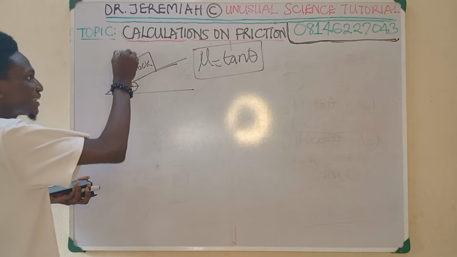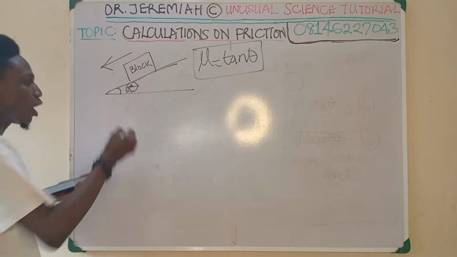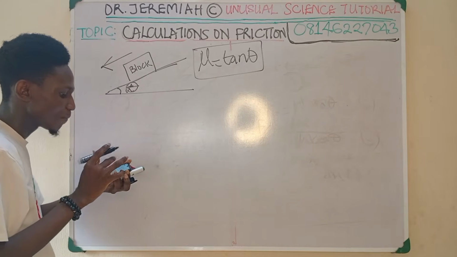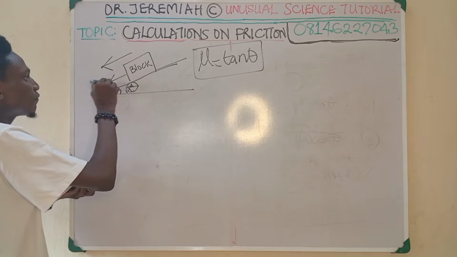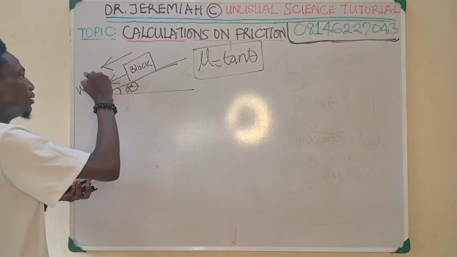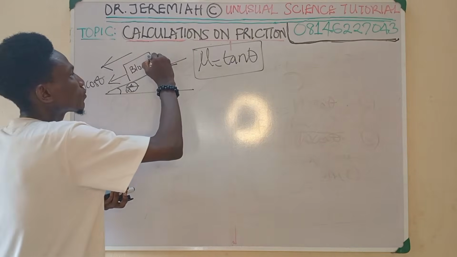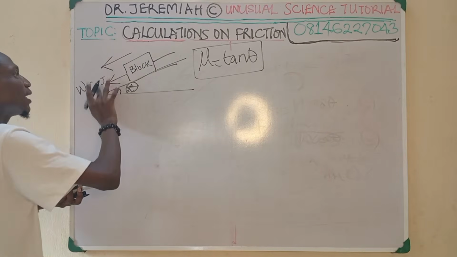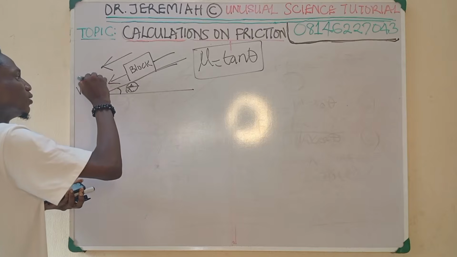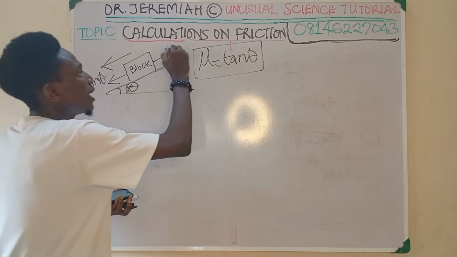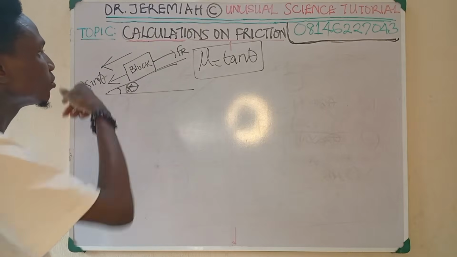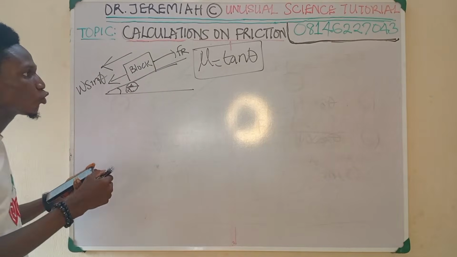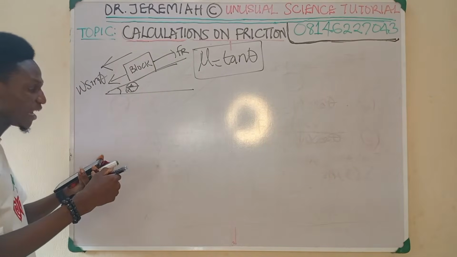When the body is sliding down the plane, the proposed motion is downwards, and they told us it is about to slide down the plane. Remember that we have W cos theta and W sine theta along this plane. Then we have the frictional force, always opposing, because the body is moving downwards. You are asked to find the coefficient of friction.